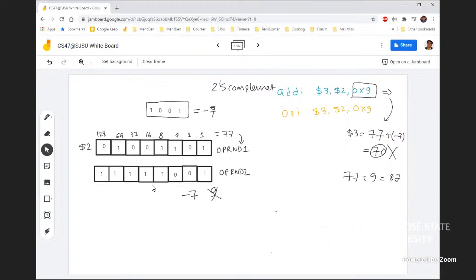So essentially, we are picking up the MSB of this immediate bit pattern and duplicating it. That is called sign extension, a sign extension of the value.